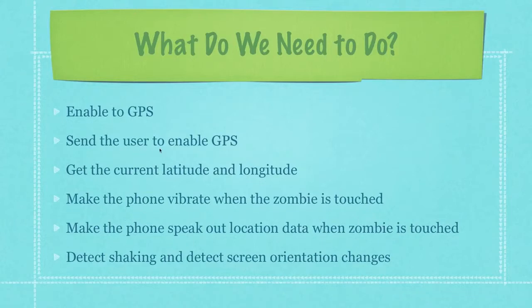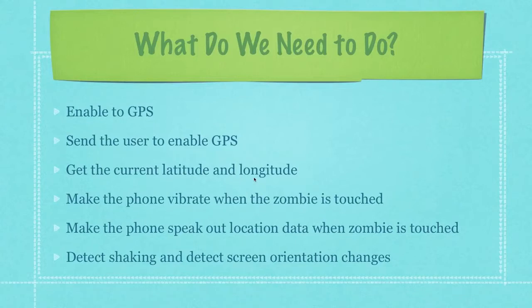We're going to have to send the user to enable the GPS if it's not enabled. We're going to have to get the current latitude and longitude, and we're going to be using latitude and longitude a lot with multiple different things. So we're going to use it to store the location for latitude and longitude using the GPS data that we get. We're also going to be displaying latitude and longitude on the screen in our little label, and we're also going to be speaking it.